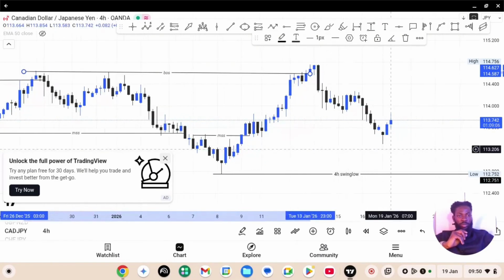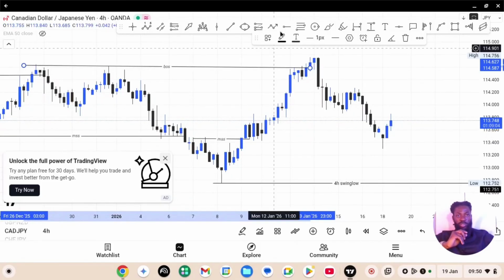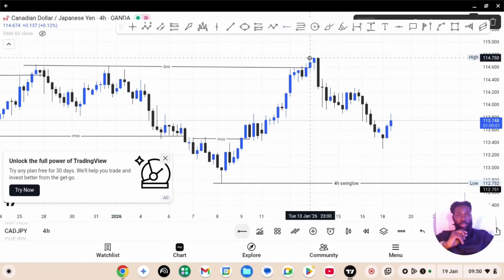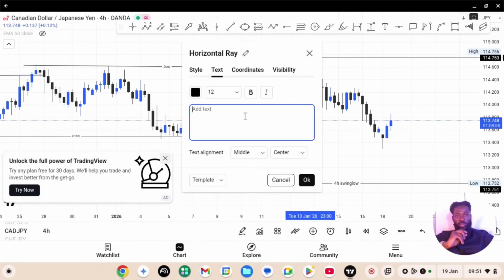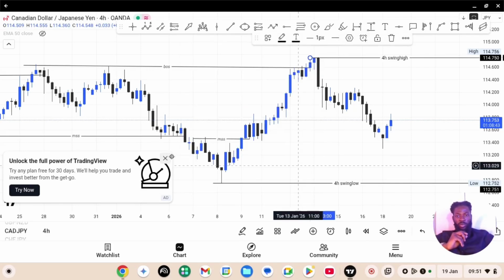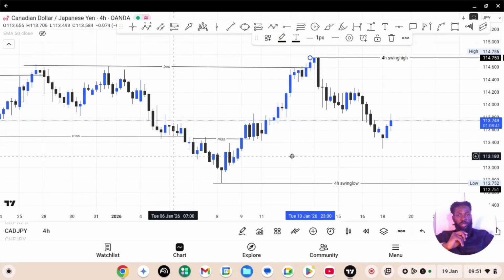So this is now our current swing high, the 4 hour swing high.